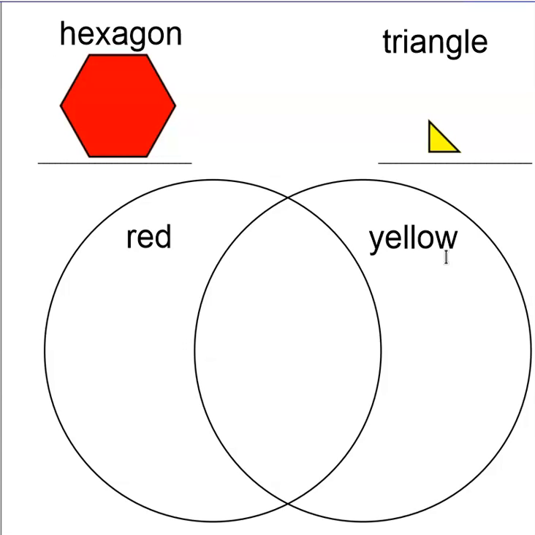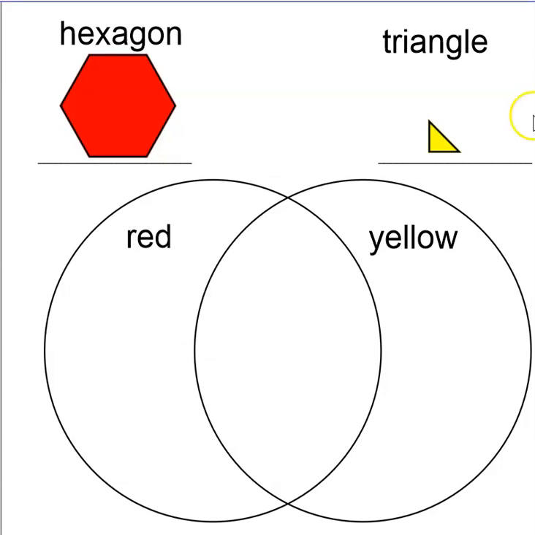So now, let's continue to think about this hexagon. Well, we've been talking about attributes, and one of the things we've been talking about are the sides. So let's count. 1, 2, 3, 4, 5, 6. So we know it has 6 sides. Is that similar or different than the triangle? Well, the triangle, let's count their sides. 1, 2, 3.